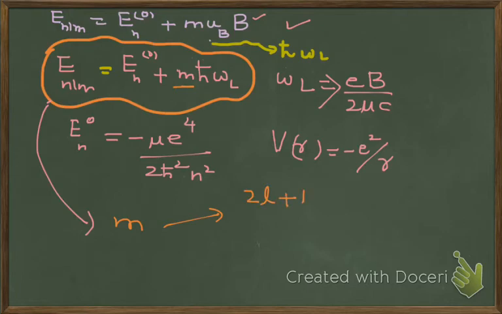It means the degeneracy in m is removed, but the degeneracy in L is not removed. As splitting is independent of the value of L, we will have equidistant splitting of the levels, and this is called the normal Zeeman effect.